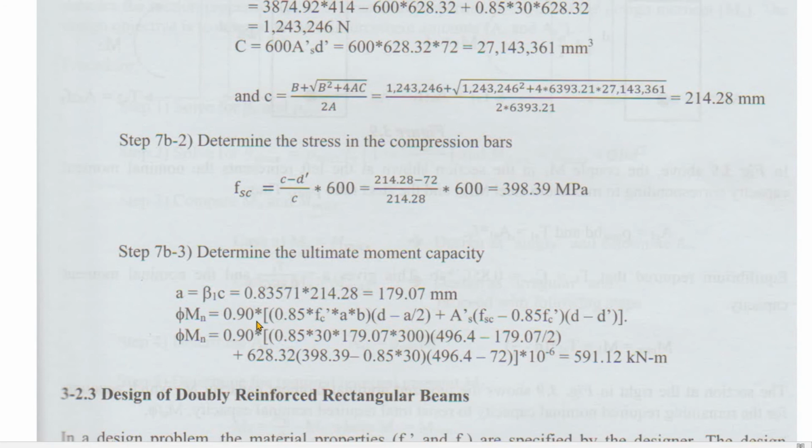You have the tension steel, which is defined by d minus a over 2, tsaka yung compression steel, which is defined by the lever arm na d minus d prime. So, ito yung kanyang magiging result, which is equal to 591.12 kilonewton meter. Okay? So, take note, dinivide niya ng 1 million para maging kilonewton meter. So, you do this with your calculator or your Excel.